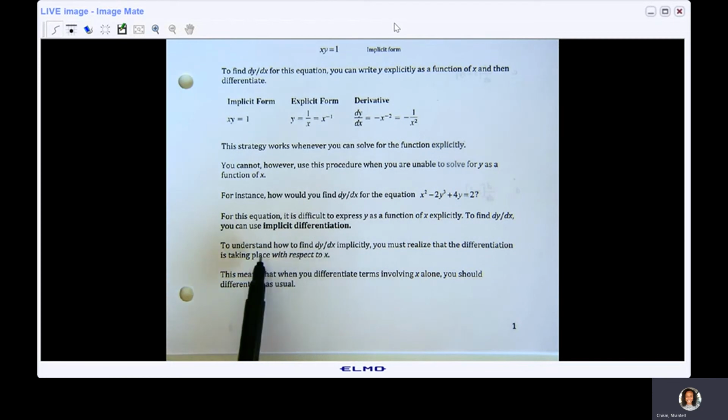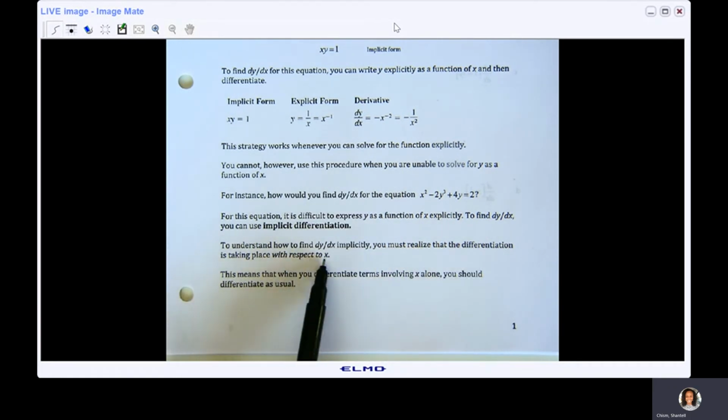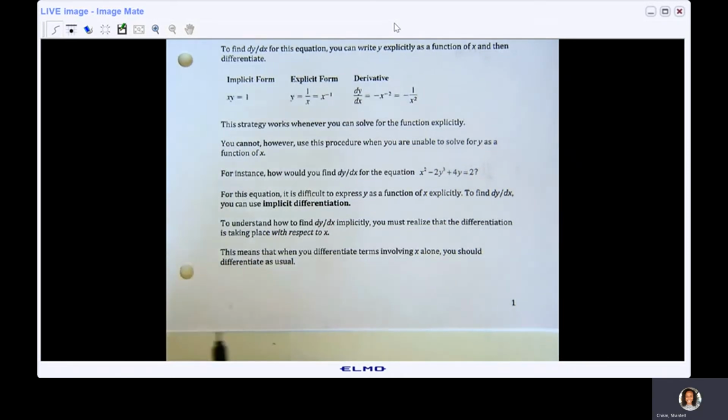To understand how to find the derivative of y with respect to x implicitly, you must realize that differentiation is taking place with respect to x. So you still have to keep in mind that even though you might see y, you're taking the derivative with respect to x. What that means is, when you differentiate terms involving x alone, you should differentiate as usual.